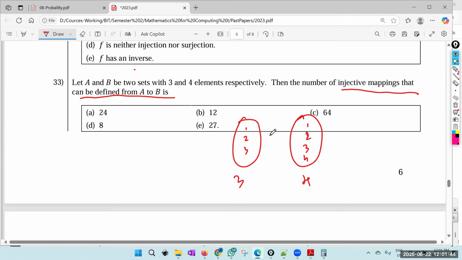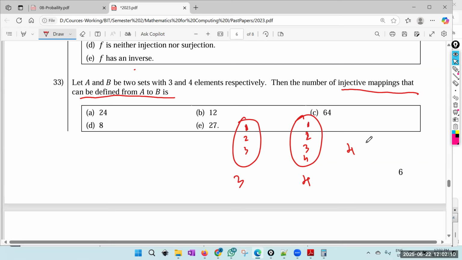Okay. That is again sort of a selection question. Right. So let's see, how many ways can I map this? First one, 4 ways, because I can map it to any of these 4, right? So I have 4 ways to map the first value. We have 3 values.